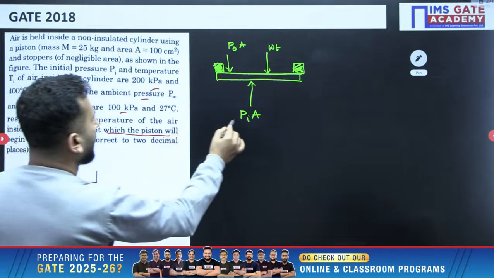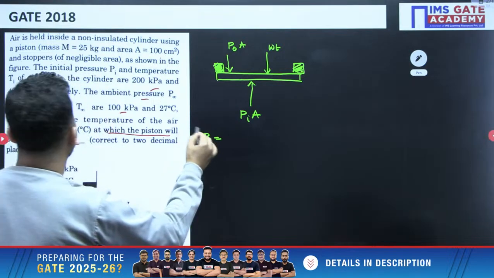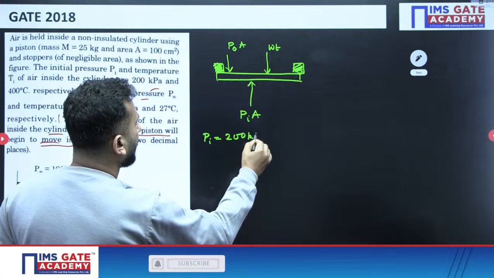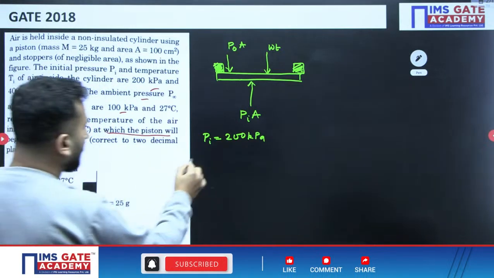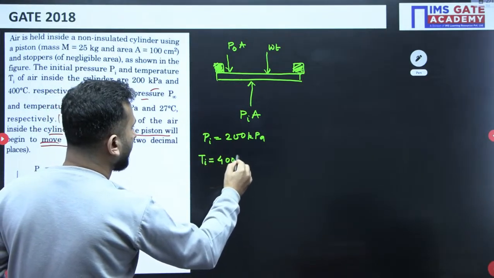So the pressure he has given, Pi is 200 kPa, and the temperature he has given is 400 degrees centigrade.